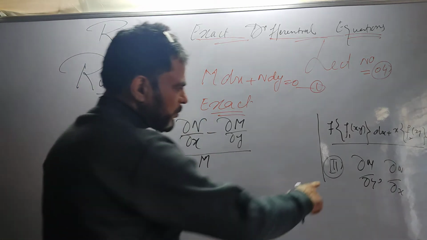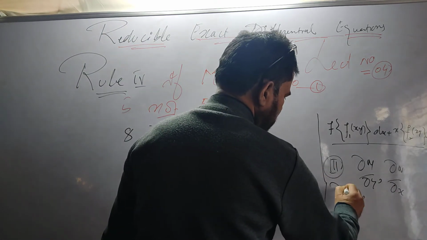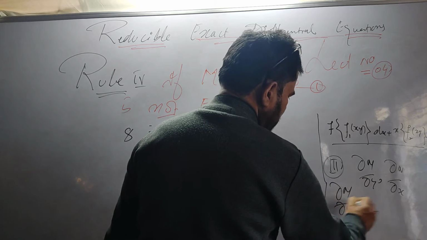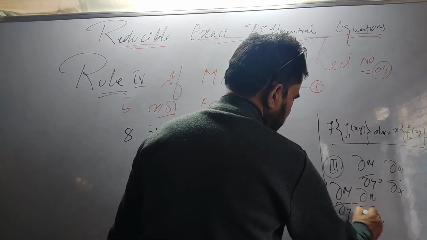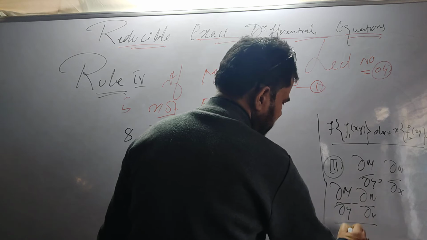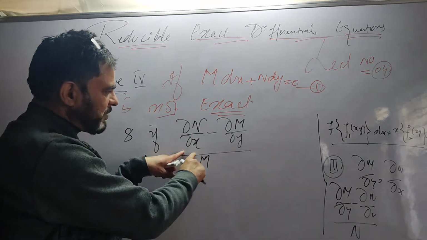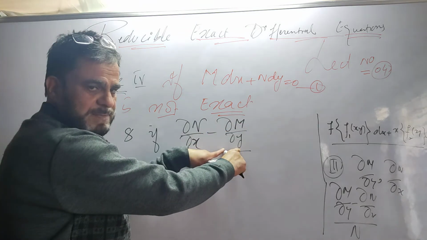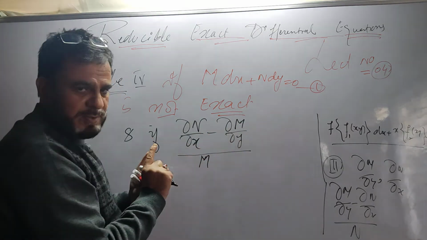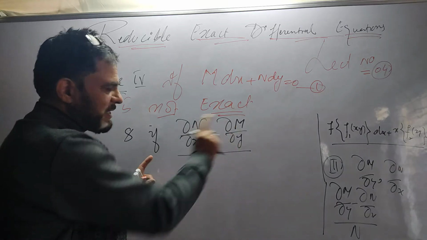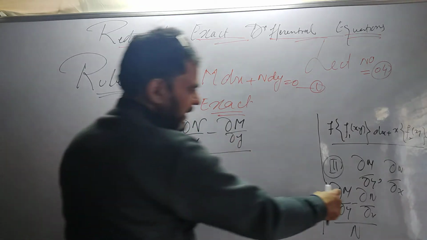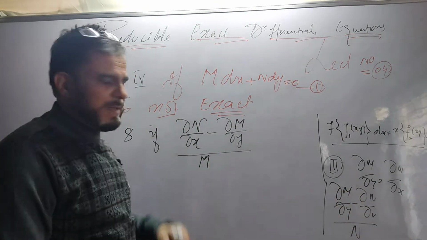You see, in rule number 3 we took the partial of M with respect to y minus the partial of N with respect to x, divided by N. Here we do the partial of N with respect to x minus the partial of M with respect to y, divided by M. You can remember it this way: M minus N by N in rule 3, here N minus M by M. This is how to remember.